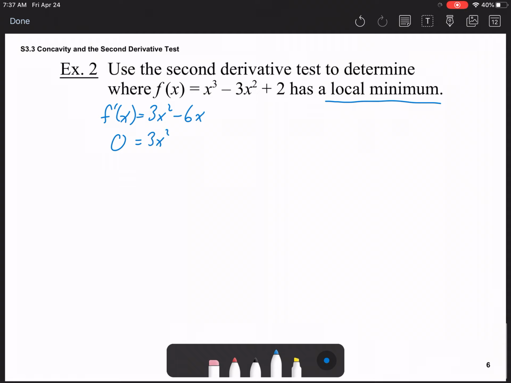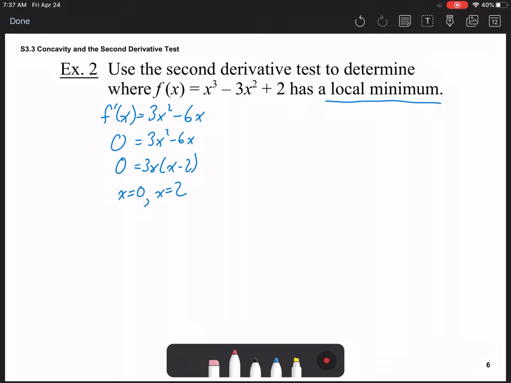So 3x squared minus 6x, we have to set that equal to 0. I can factor out a 3x. I'm left with x minus 2. So we have either x equals 0 or x equals 2.